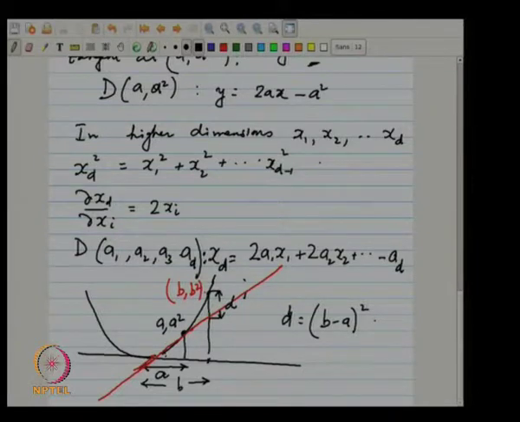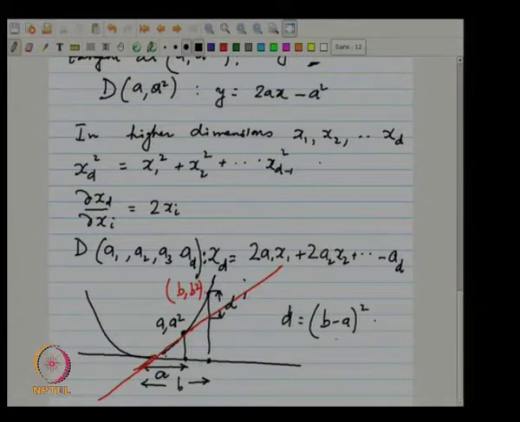This can be interpreted as follows. I am talking about 2 points now, a square and b square. If you look at the projection of the points on the x axis, namely a and b, the distance between them is b minus a.